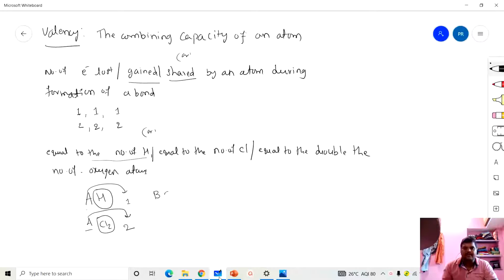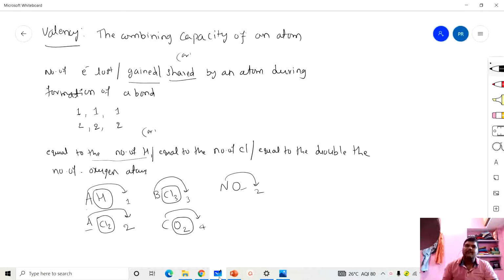For example, BCl3, with respect to chlorine, valency of B is 3. For example, CO2, with respect to oxygen, double the number of oxygen atoms, so valency of C is 4. For example, NO, with respect to oxygen, valency of nitrogen is 2.